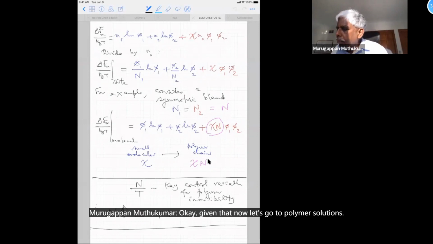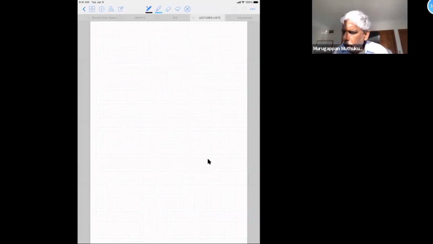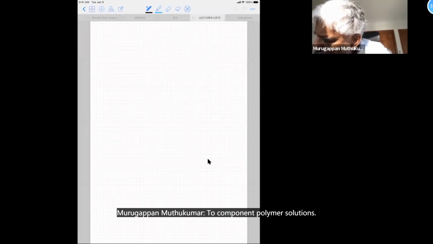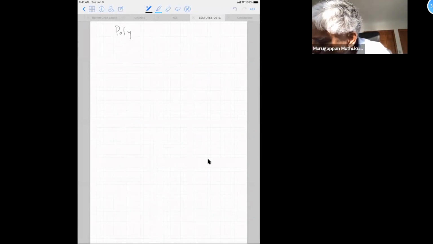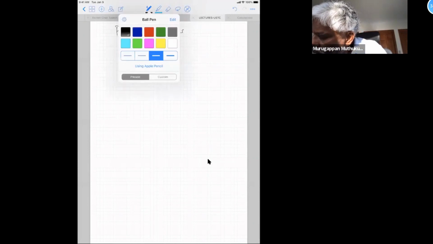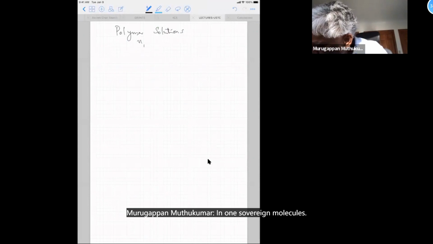Okay, given that, now let's go to polymer solutions. What I'd like to talk about now is two-component polymer solutions. So I have N1 solvent molecules.